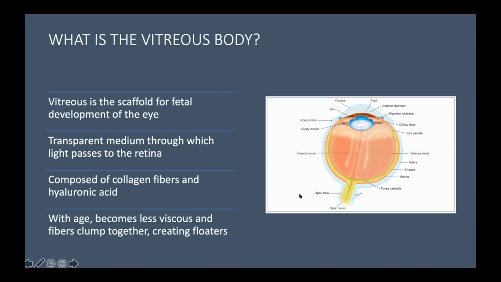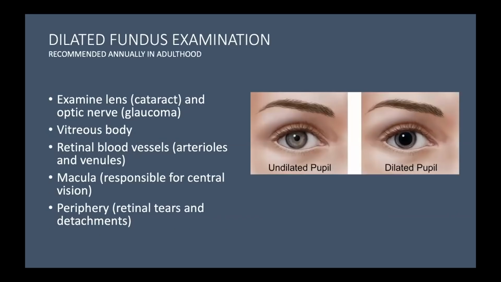The vitreous serves as a scaffold and is important in fetal development of the eye, but it doesn't have a particular function in adulthood other than being a transparent medium through which light passes to the retina. It's composed of collagen fibers and hyaluronic acid. And with age, it loses some of its viscosity and mass, and some of those fibers can clump together, creating floaters.